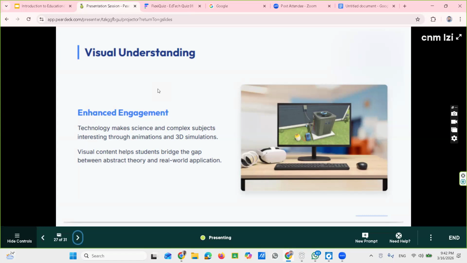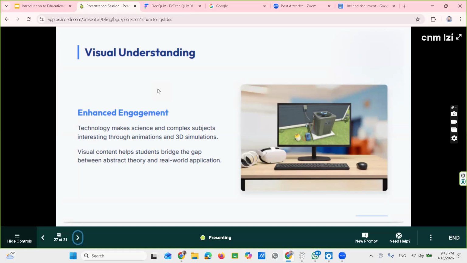What is the advantage of delivering these things in that form? From the student's point of view, they can understand topics very easily. Complex topics you can give to your students in an easy way using 3D simulation and animations. Then visual contents help students bridge the gap between abstract theory and real world application.